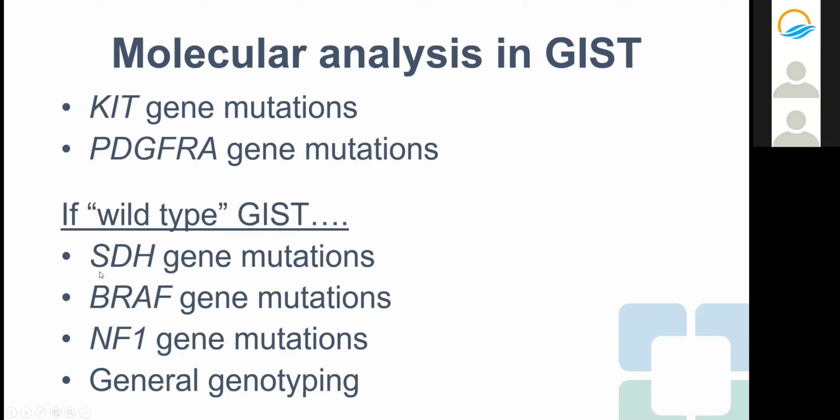And as we've mentioned multiple times today, this involves performing SDH-B IHC, as well as potentially doing the mutational analysis for SDH gene mutations, as well as looking for BRAF gene mutations, NF1 gene mutations, and potentially performing general genotyping, which is just looking at your entire genome, or all of the genetic material that makes you up, to see if there are any specific genes within your tumor that have become mutated and that might already have a targeted therapy available to them. And I'll show you an example of that in some of the FDA-listed drugs that exist on an upcoming slide.